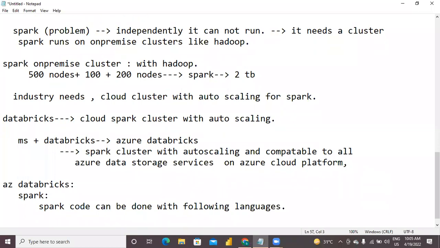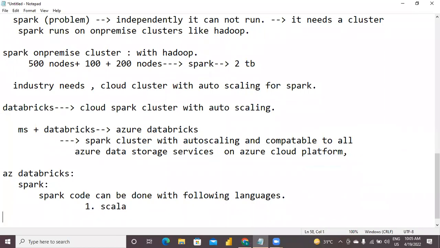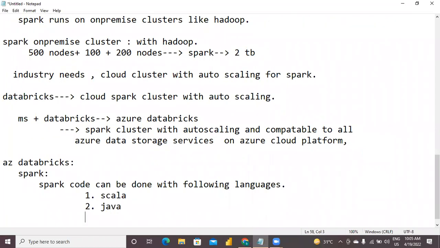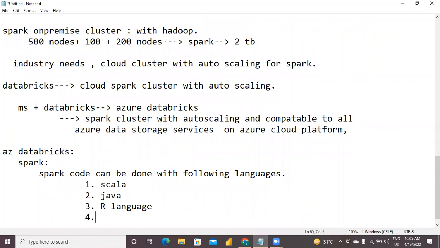Number one, Scala, because Spark is developed with the Scala language. Number two, Java. Number three, R language. And number four, Python. Maybe in future other languages also.